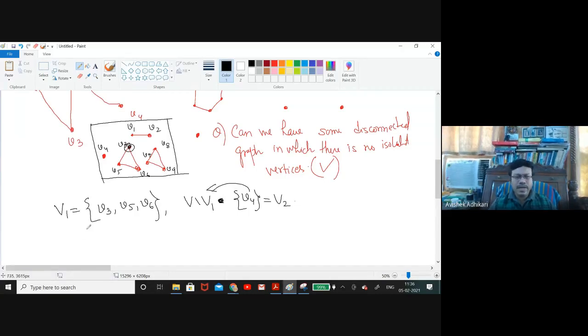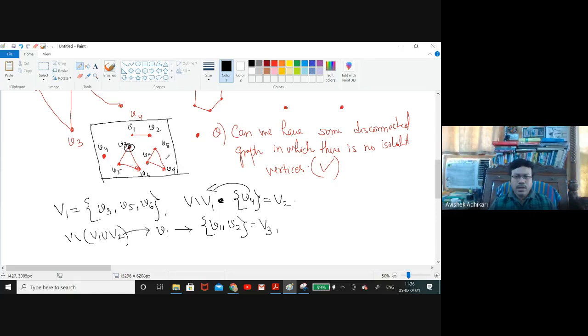Now take any vertex from V minus V1 union V2, and try to find all the vertices to which you can move from it. You can see that only two vertices are there, and that is known as V3.